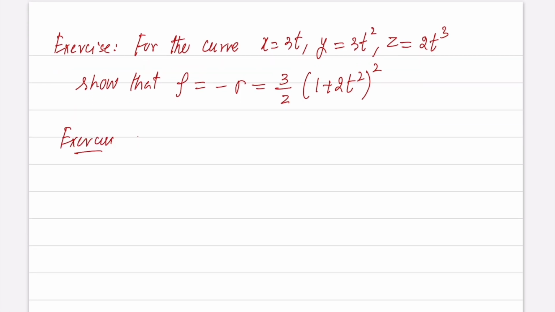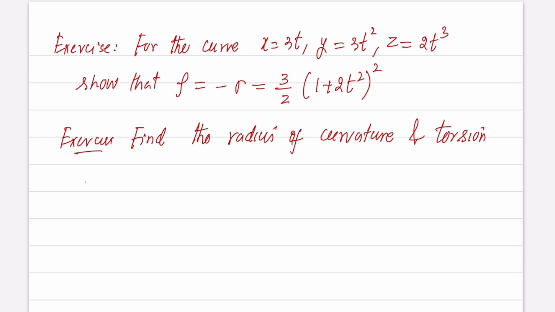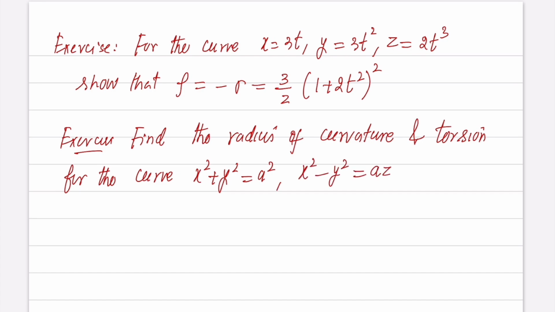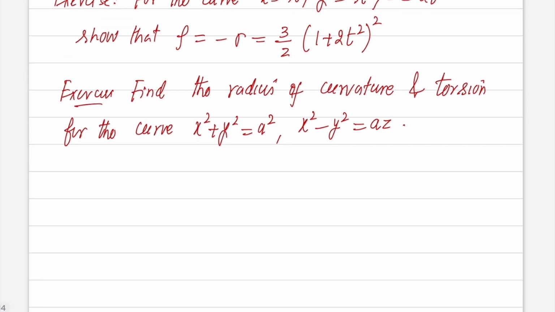Find the radius of curvature and torsion for the curve x square plus y square equal to a square, x square minus y square equal to az. Now first of all, when we are given a curve as the intersection of two surfaces, we will always try to write that curve in parametric form. Here it is not so difficult if we put x equal to a cos theta.